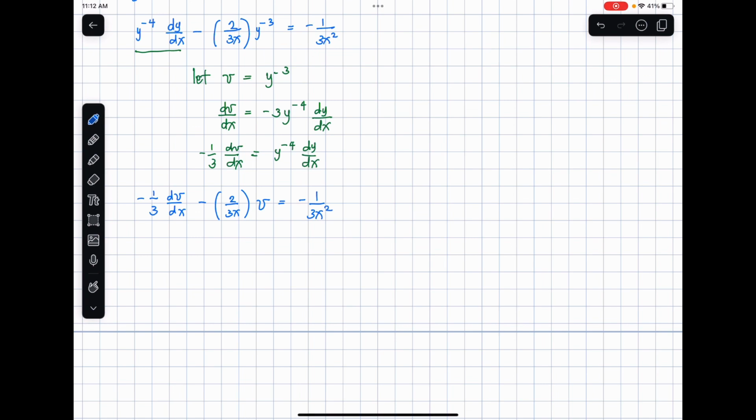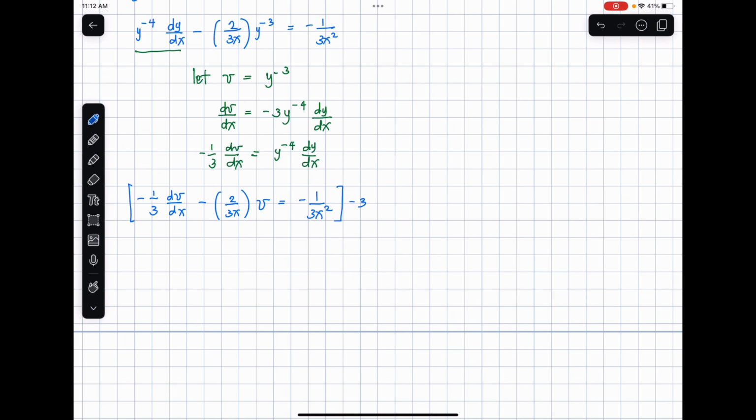Then our next step is to eliminate the coefficient of dv over dx. We can do that by multiplying everything by negative 3. We cannot perform the methods for linear equations unless there is no coefficient for dv over dx.